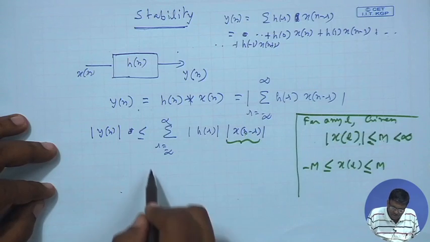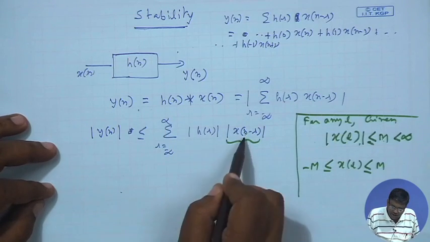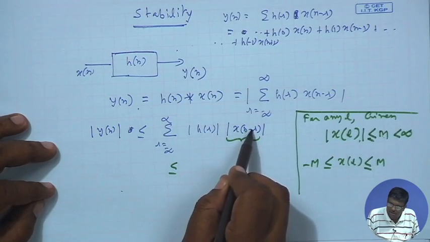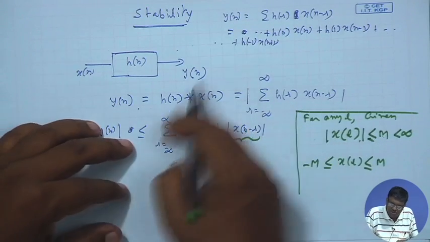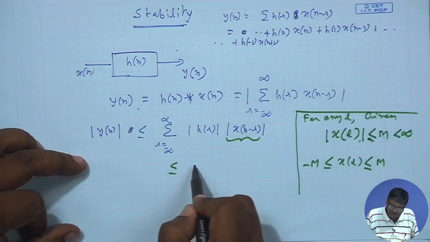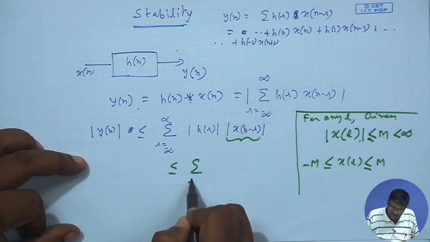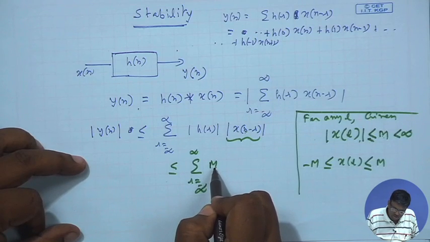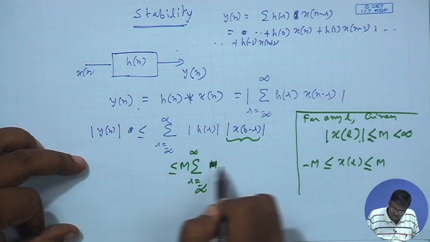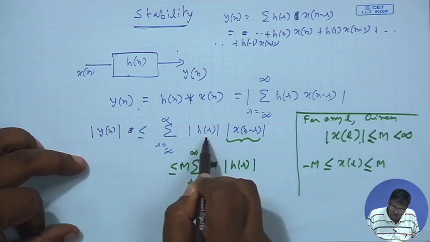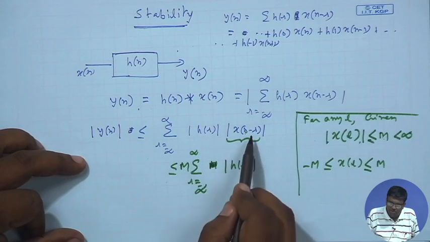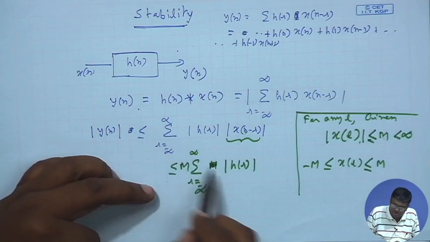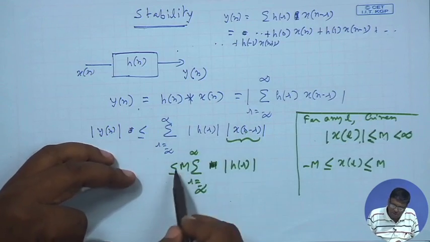So, M will go out; for any index, r is varying, so index is varying, but mod is less than or equal to M. So, this summation will be further less than or equal to M times the summation of mod HR. Everybody in the summation is less than or equal to M, so M goes out of the summation as common, summation of mod HR remains, and this is further less than or equal to this.